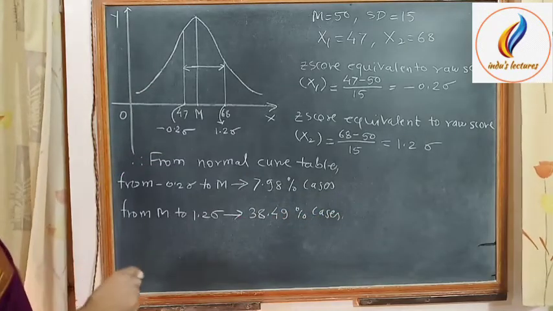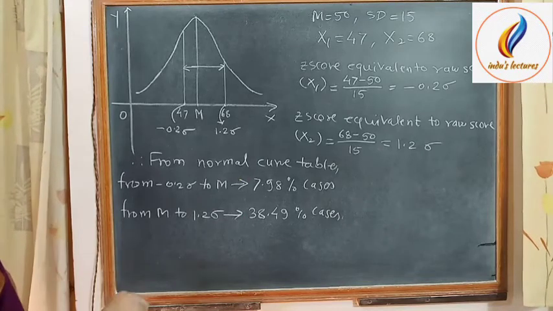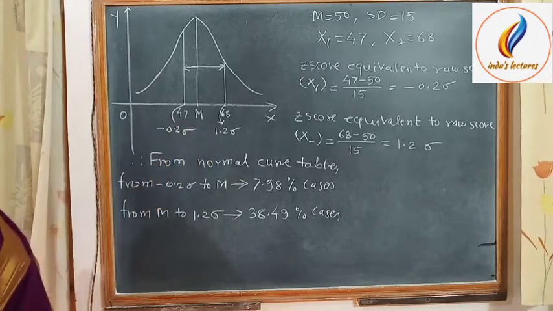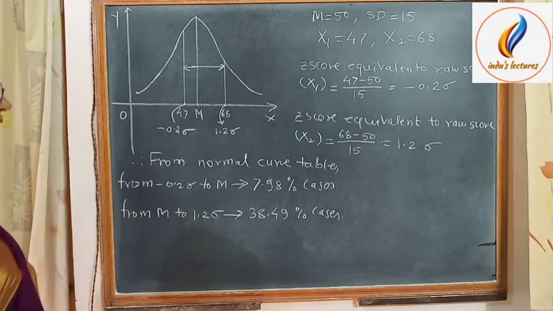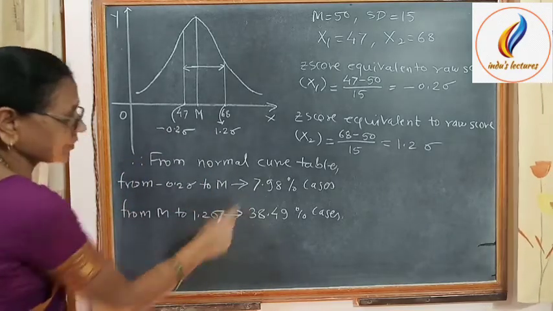To find the percentage of cases between 47 and 68, we have to add these two percentages.